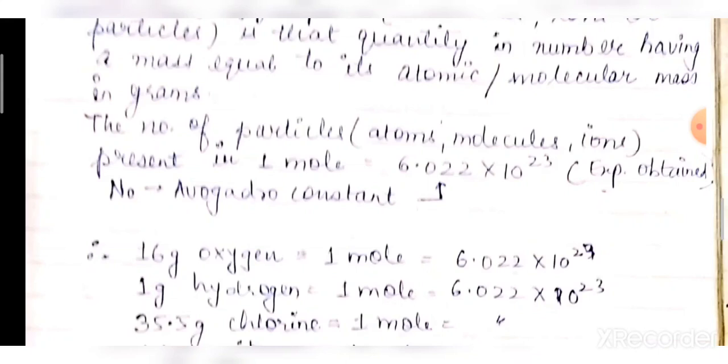Also if we are talking about single atoms like 1 mole of helium, it will have the number of atoms equal to Avogadro number. If we are talking about ions, then also the total number of ions present in 1 mole of any substance will be 6.022 into 10 raised to the power 23, that is Avogadro number.